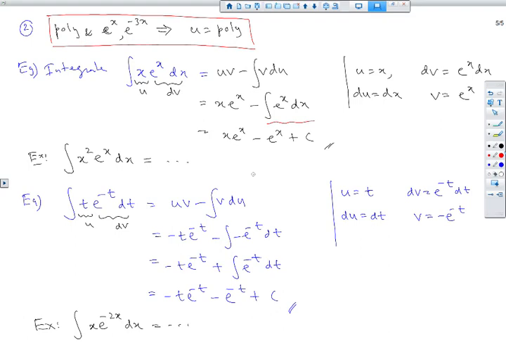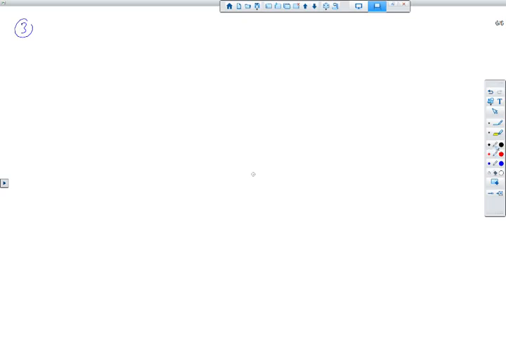The third type is when we have polynomials and log functions, ln functions. What we're going to do is pick u as the ln function.